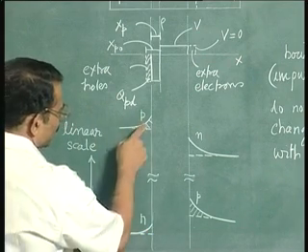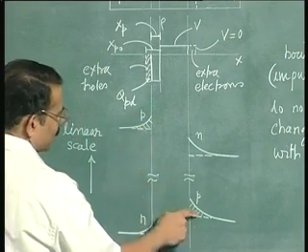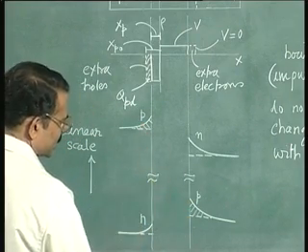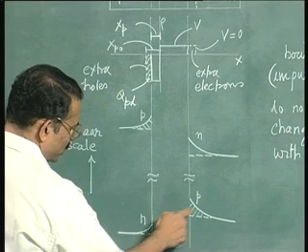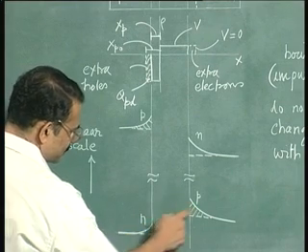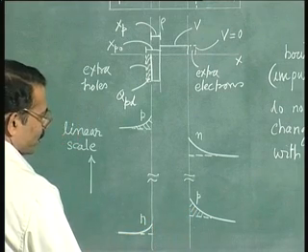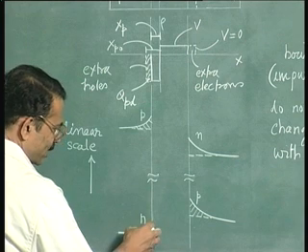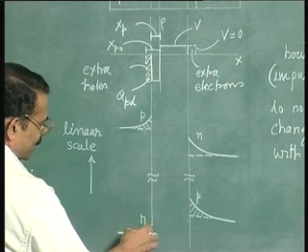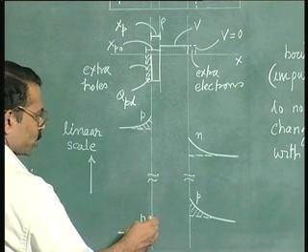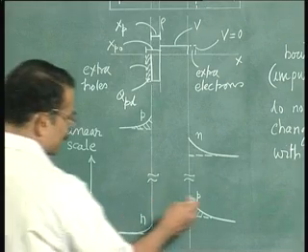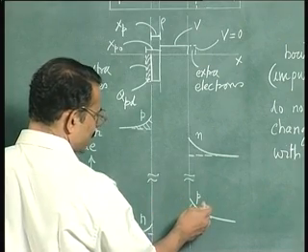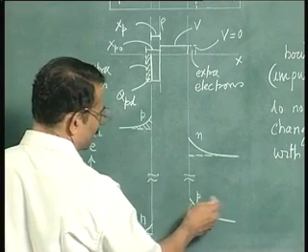So the sum of these two charges, which are the excess holes in the neutral regions, is equal to the sum of these two charges, these areas. And you know that the excess minority carrier charge contributes to the diffusion current on the p side, just as the excess minority carrier or hole charge contributes to the diffusion current on the n side.